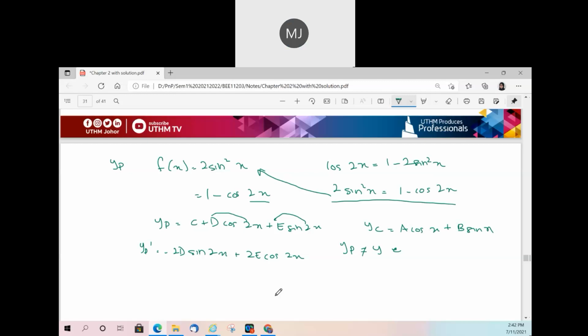Then you have to find YP double prime. So YP double prime, you differentiate sin 2x here. These 2 you bring to the front, you get minus 4D cos 2x plus with, you differentiate cos, you get minus sign, these 2 you bring to the front.